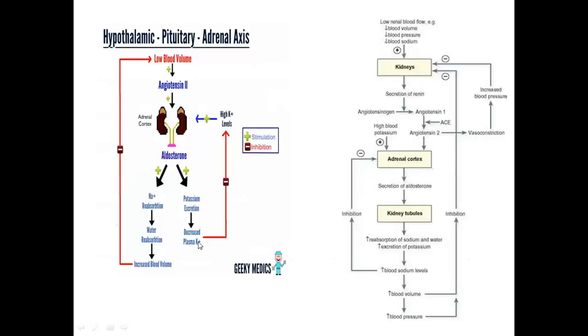the ACTH. You can see the high level of potassium ions stimulates the production of aldosterone by the adrenal cortex. This aldosterone increases the uptake of potassium by the cells, and there is excretion of potassium ions in the kidneys, thus reducing the potassium levels.